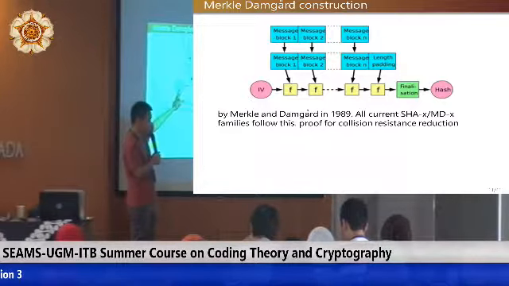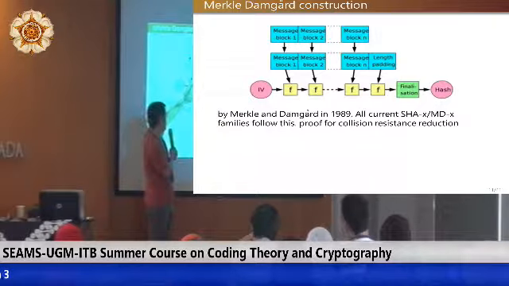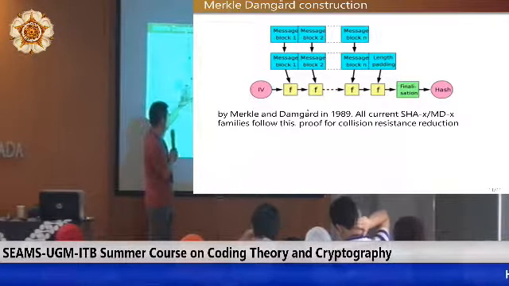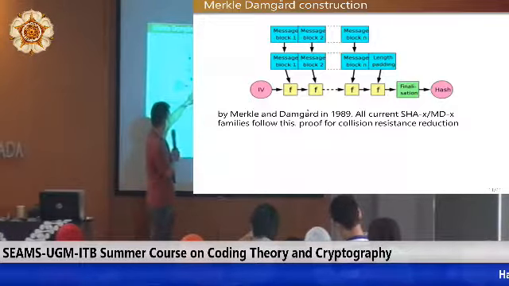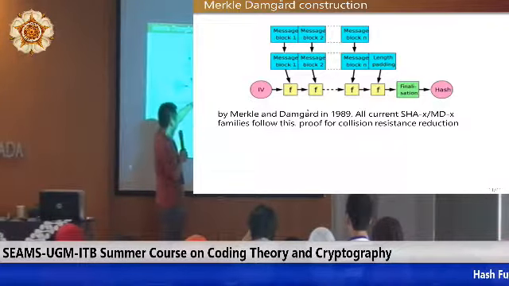Start with an initial value, use the first message block as additional input to the compression function, and this compression function will produce an updated value, which is used as the input of the next compression function.